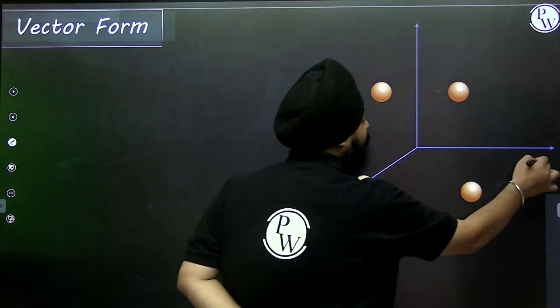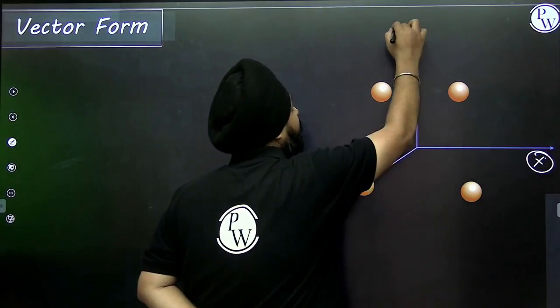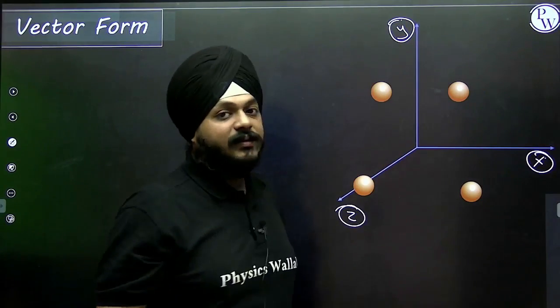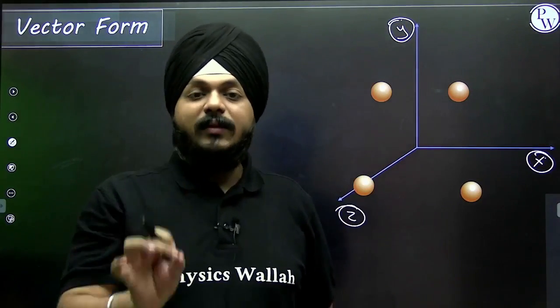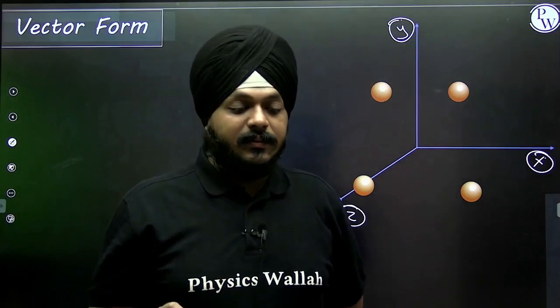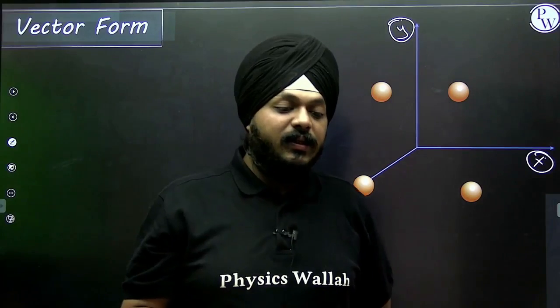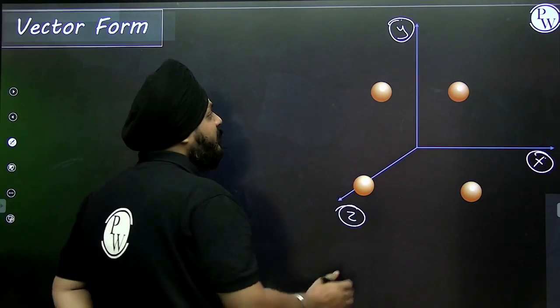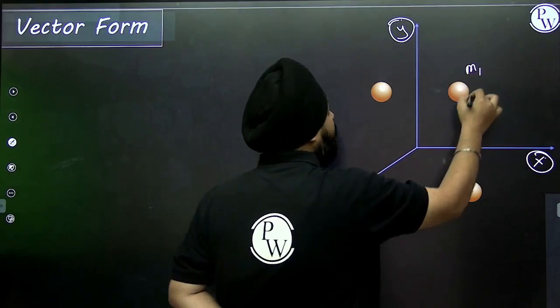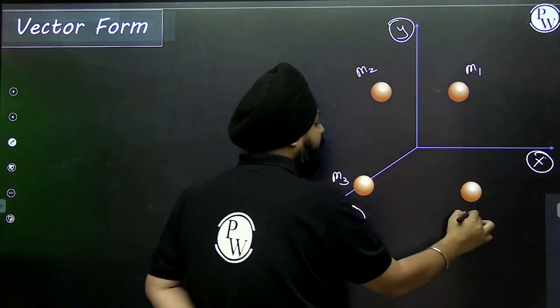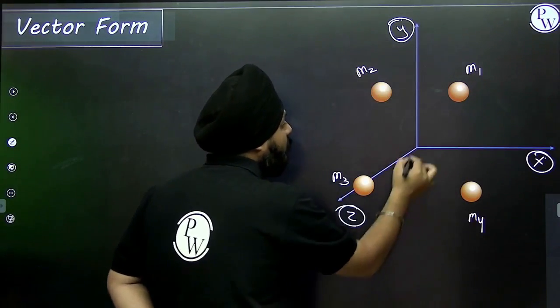Suppose this is the x-axis, this is the y-axis, this is the z-axis. This is mass m1, this is mass m2, this is mass m3, this is mass m4.